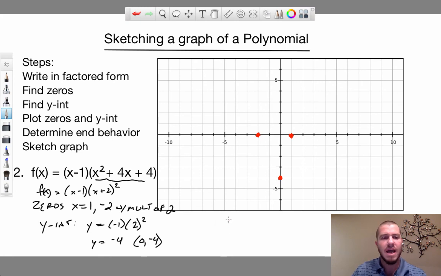I need to find my end behavior. Well, this is going to be an x squared here, which is this. And when I multiply it with this one, that's going to be a cubic, which is odd. So they're going in opposite directions. And they're both positive, so it's going to be a positive leading coefficient.